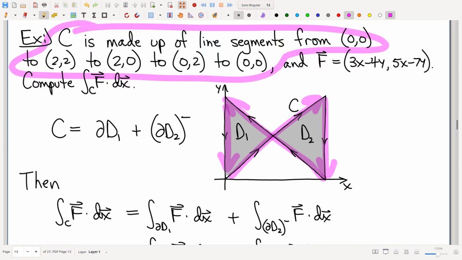Now, again, you could brute force this, because after all, this is just 4 line segments. Y'all know how to parameterize line segments. And you could take a deep breath and plow forward with that. The main downer being you would have to do 4 separate line integrals. And all else being equal, prefer not to do that.